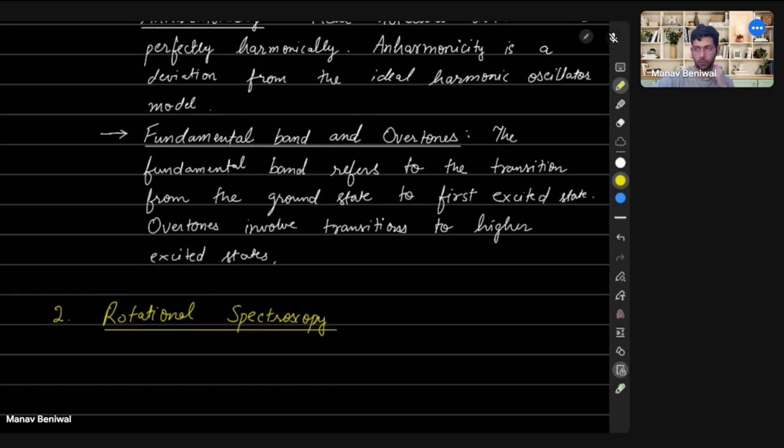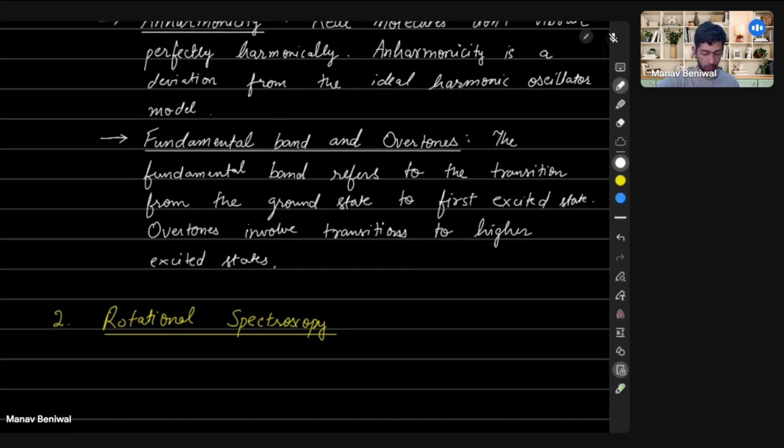We know that molecules can rotate, and because they are rotating, they will have certain energy of rotation, and this energy is also discretized. Therefore, there is possibility of transitions between these energy levels, and when such transitions happen, we can study them using spectroscopy. We'll get some particular wavelengths. Then two important things here.